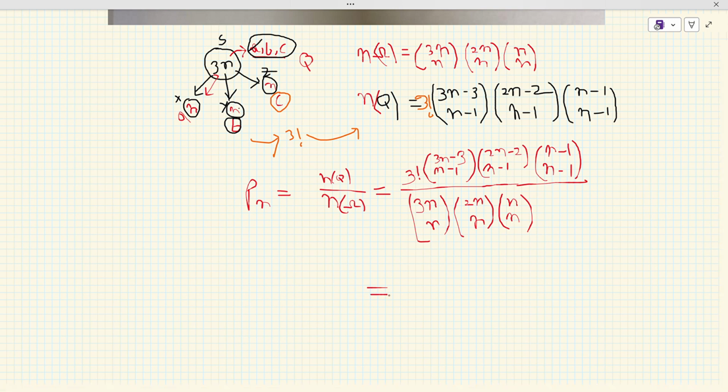What I have gotten after simplifying this is something like 6 by 3 into 3 minus 1 by n, 3 minus 1 by n, into 3 minus 2 by n. You can simplify the factorials and you will get this expression for Pn.